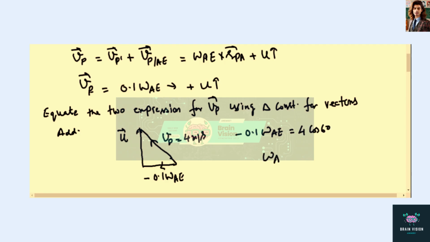So angular velocity of AE we will get 20 radian per second in clockwise direction and U is equal to 4 sine of 60, that is 3.4641 meter per second.